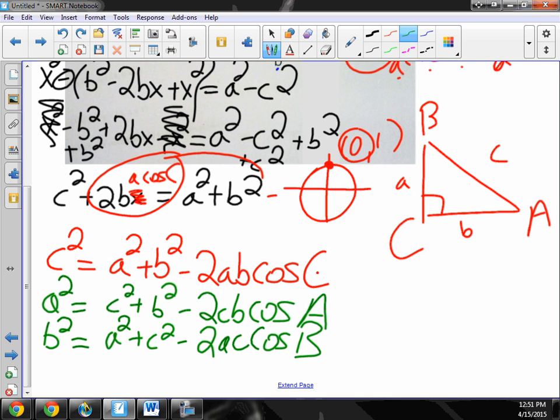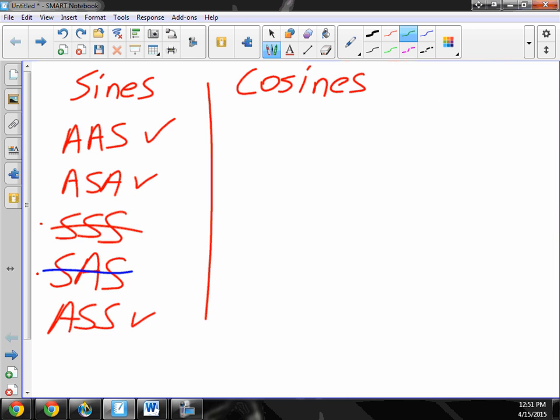And all of those formulas are equivalent. It just depends on which angle you're dealing with. So going back here, the law of sines is 2 sides and 2 angles. Law of cosines has 3 sides and 1 angle.